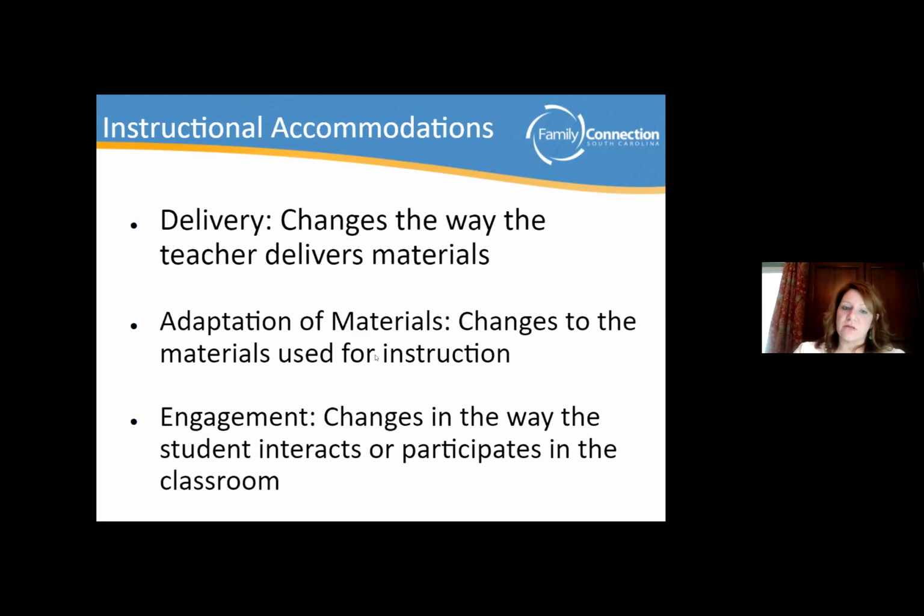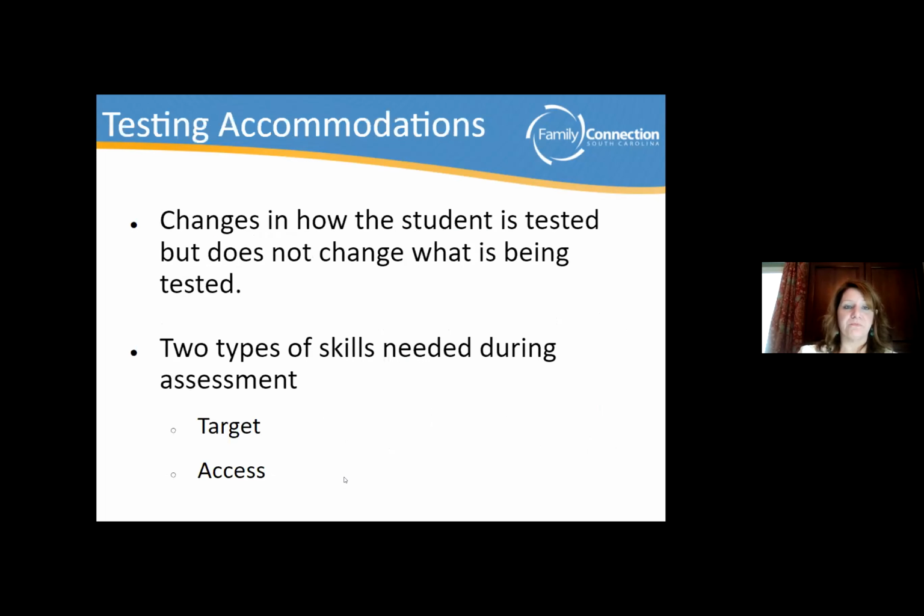Maybe there's not so much on a page. And then engagement: changes in the way the student interacts or participates in the classroom. For example, the teacher might ask comprehension questions or have preferential seating so the student can make better eye contact with the teacher or be closer to the point of instruction for better monitoring to make sure that they're understanding.